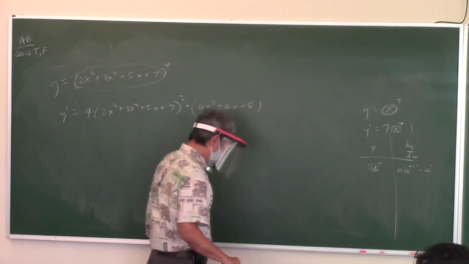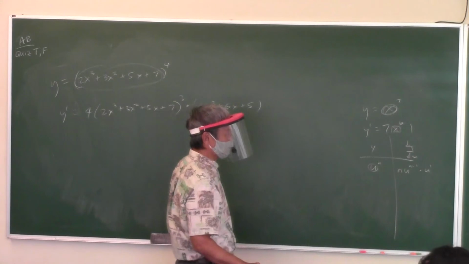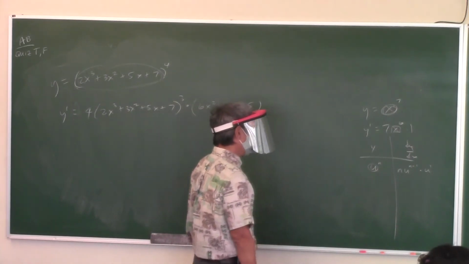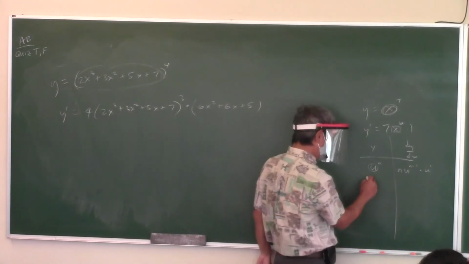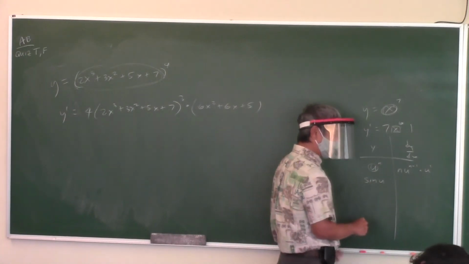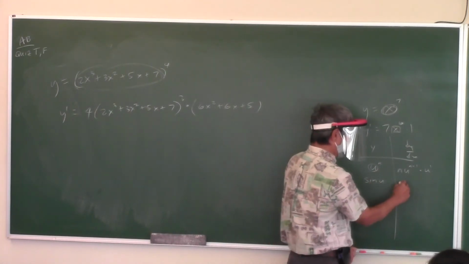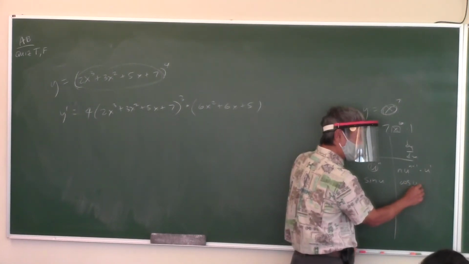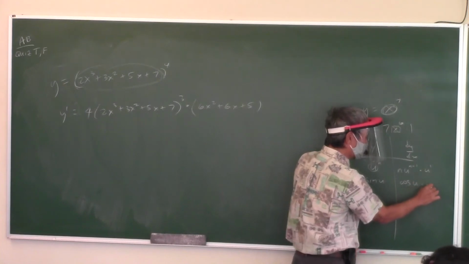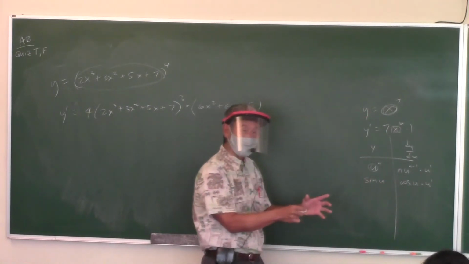And this goes for everything that we learned. How about sine box? What is the derivative of sine x? Cosine x. So is the derivative of sine box cosine box? No, you got to multiply by the derivative of the box.